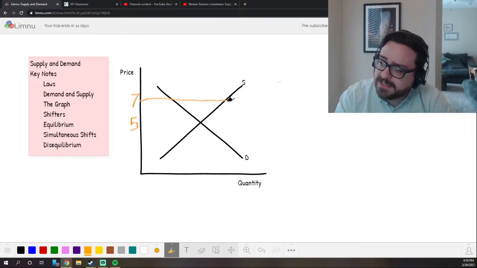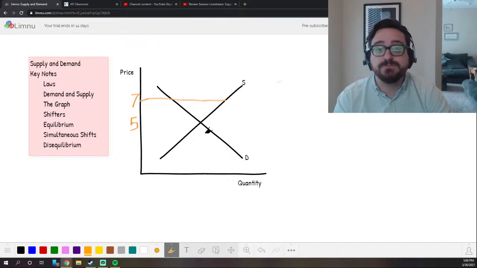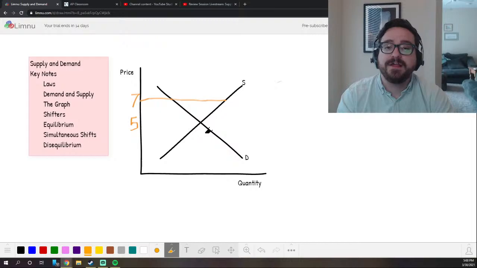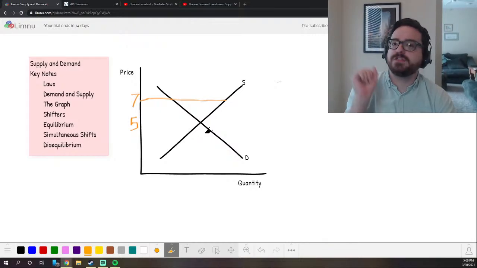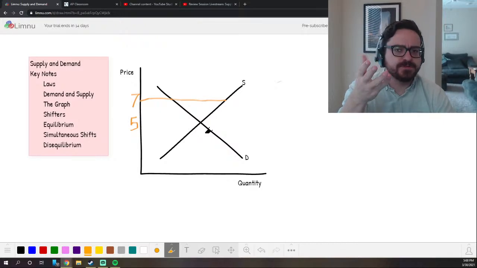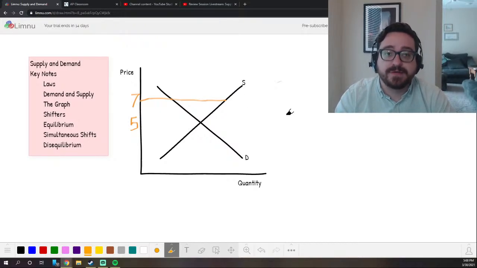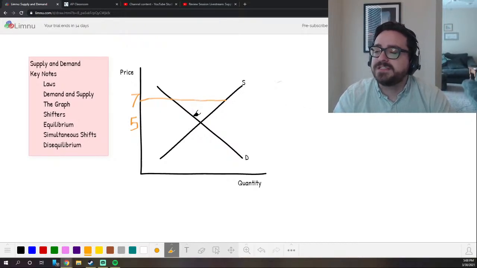But here on my supply curve, my quantity is higher than what it would be at equilibrium, because businesses want to make as much money as possible. They would, in a vacuum, love to charge $7 for this thing. Now, it would also allow them to produce more of it. Now, what this is creating is disequilibrium, yes, but it's also creating a specific vocabulary thing. If my price is too high, I've got a surplus.